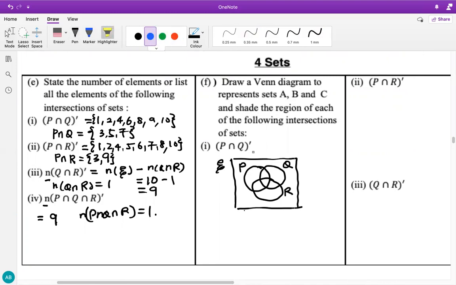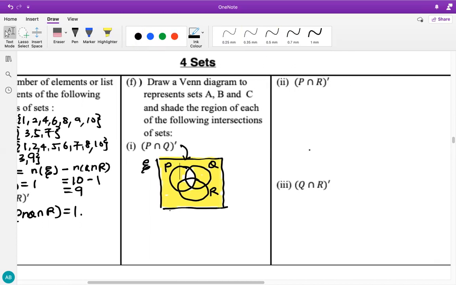So the area of P intersect Q prime will be everything else. This is the area. Okay, so this is the area of P intersect Q prime, the yellow area.